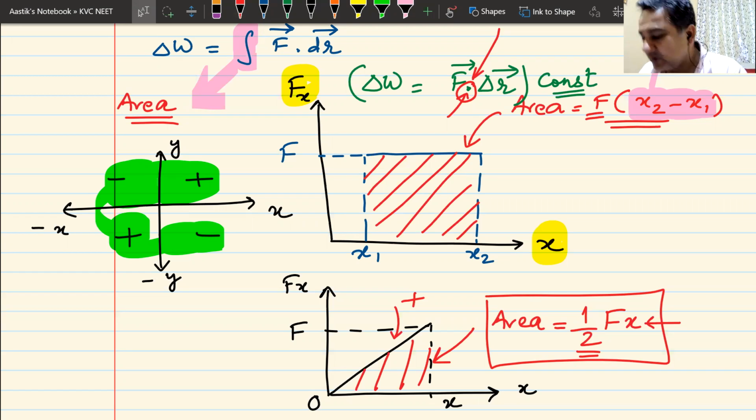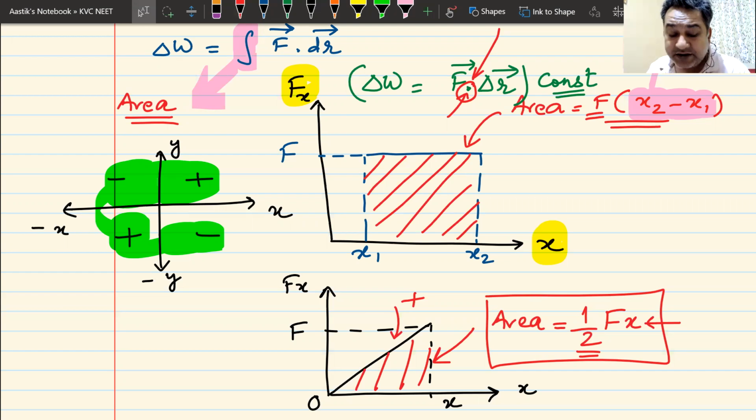Never take areas by negative length, beta. That is absolutely wrong. Remember this for the rest of your lives. Areas are always positive. You make it negative just because you have to adjust something else. Here I have adjusted. Here I have adjusted what?